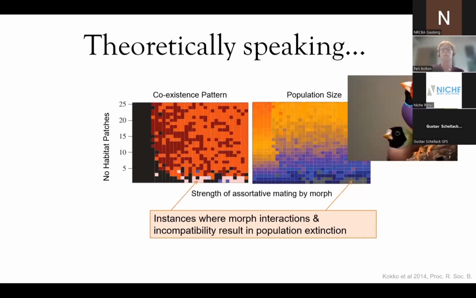And indeed, doing some mathematical modeling, some of our collaborators found that this whole process of incompatibility could actually be quite detrimental.